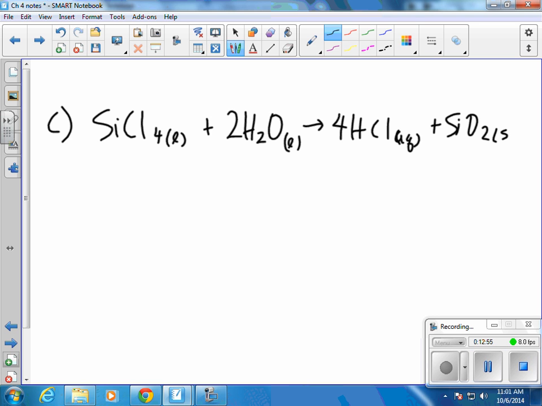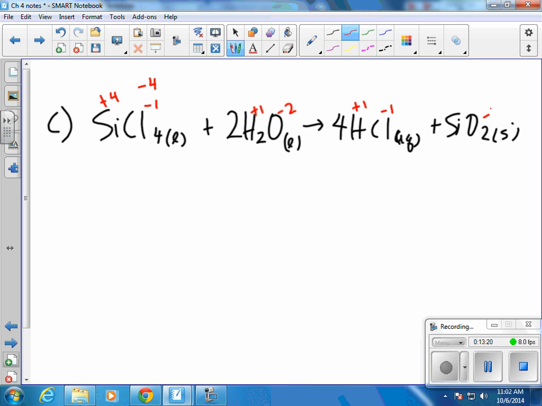I say solid, solid. Oh my gosh, I need glasses. Okay, so I would look at this. Between these two, I know chlorine, so that's an overall -4 charge, so I know silicon's +4. Then I know oxygen is -2. I know hydrogen's +1. That balances out, +2, -2. I know chlorine's -1, hydrogen's +1, so not too much work there.